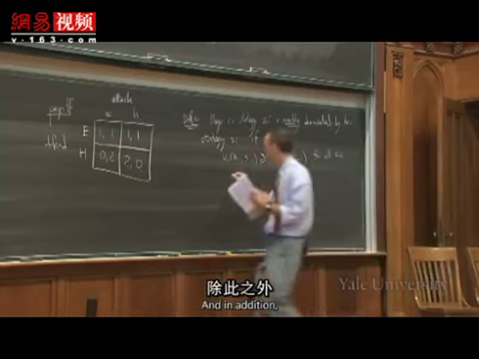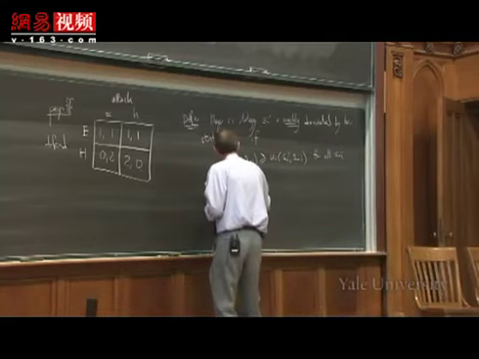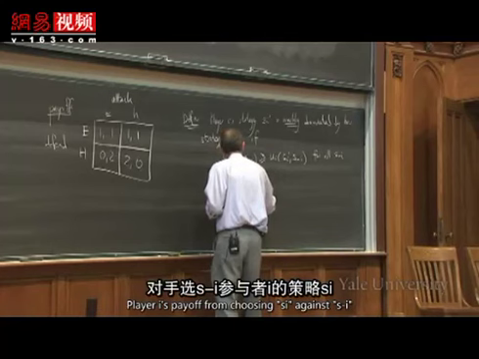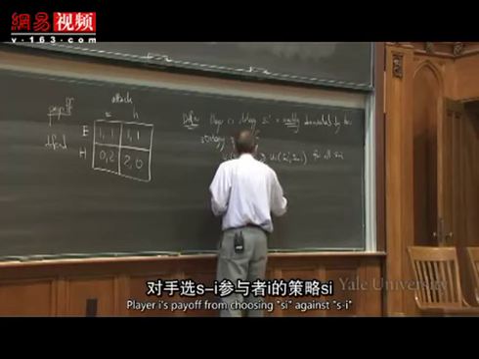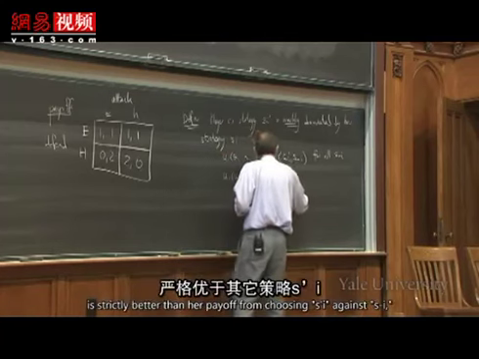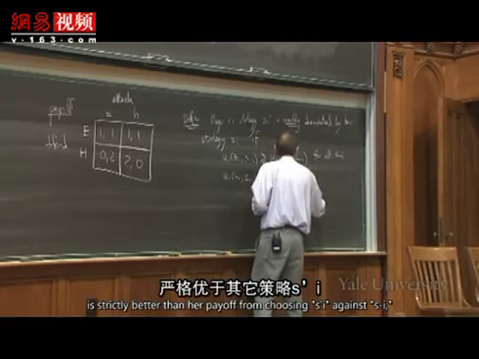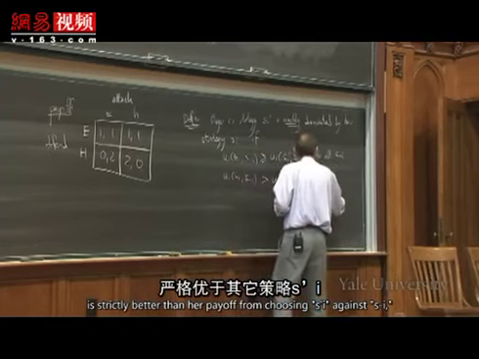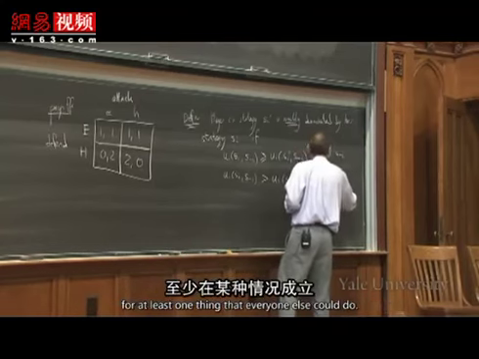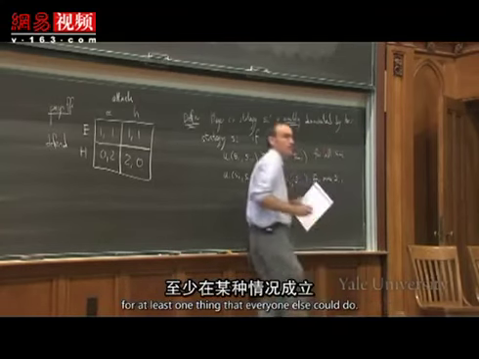And in addition, player I's payoff from choosing SI against S minus I is strictly better than her payoff from choosing SI prime against S minus I for at least one thing that everyone else could do.